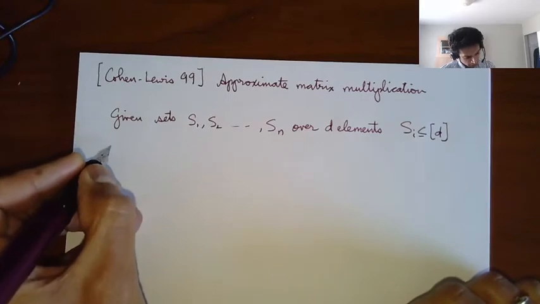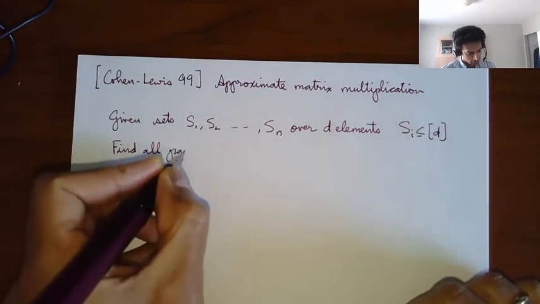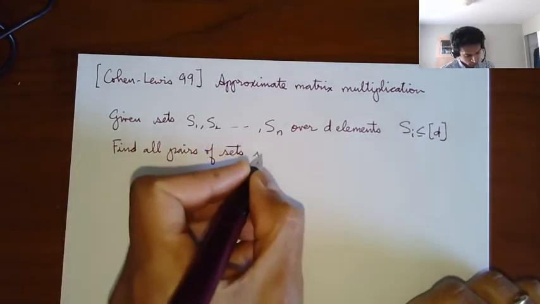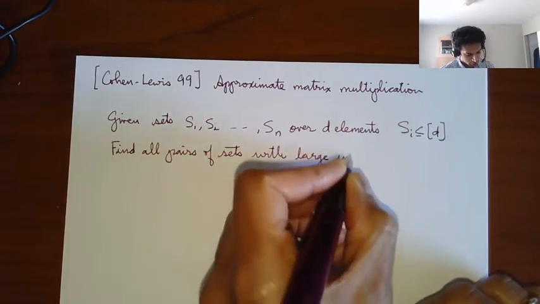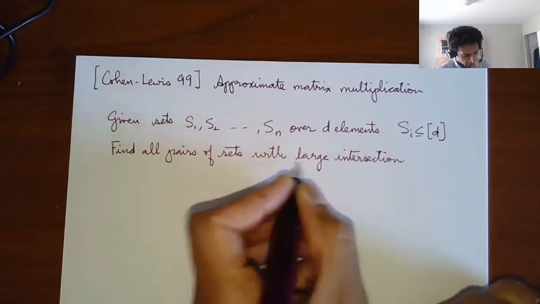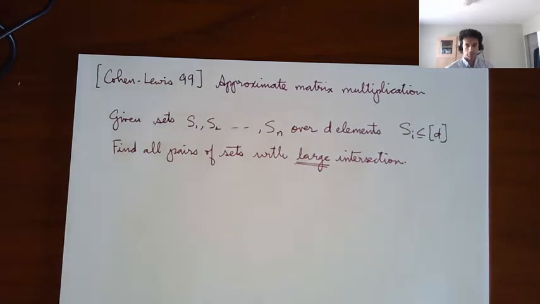And I say find all pairs of sets with large intersection. And of course, I haven't actually told you what I mean by large.